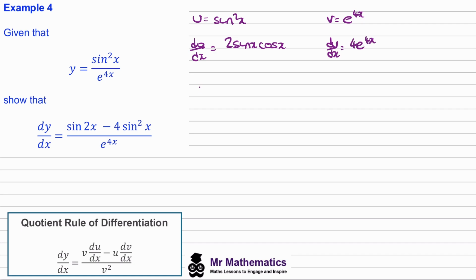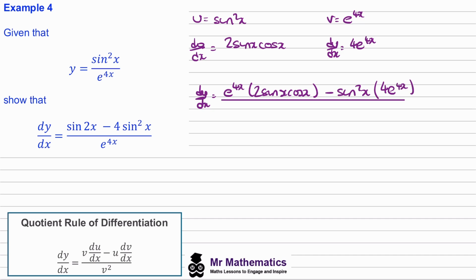So using the quotient rule, we'll have v times du minus u times dv all over v squared, e to the 4x squared.